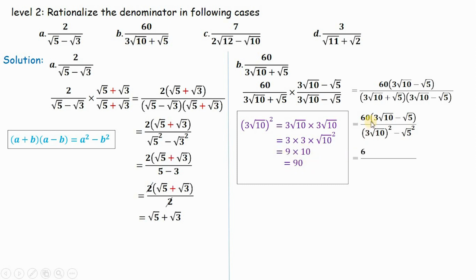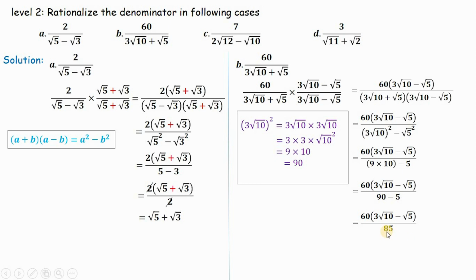So we'll write over here 60 into 3 root 10 minus root 5 by 9 into 10 minus 5. Therefore 60 into 3 root 10 minus root 5 by 90 minus 5. 9 into 10 is 90, 90 minus 5, and we'll copy the numerator, and 90 minus 5 is 85.